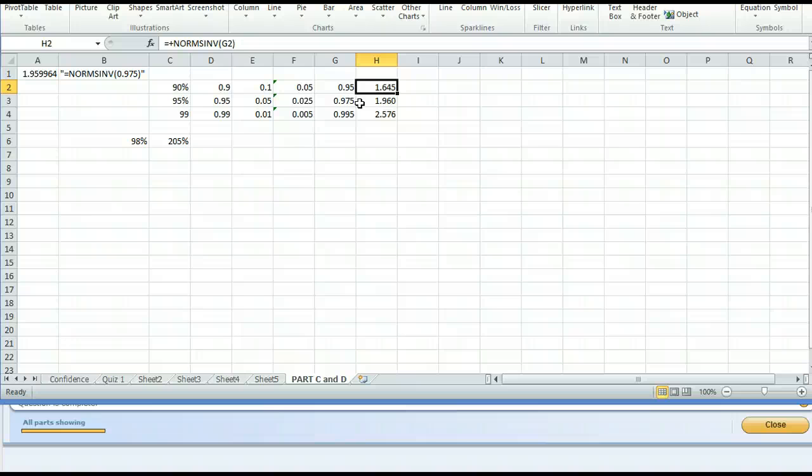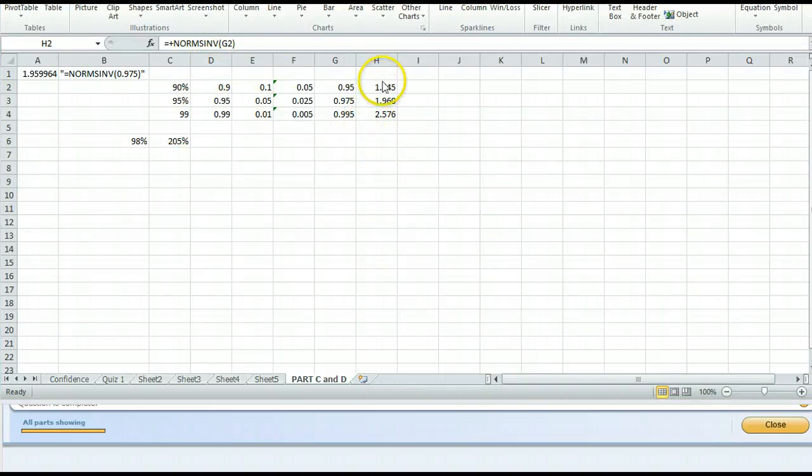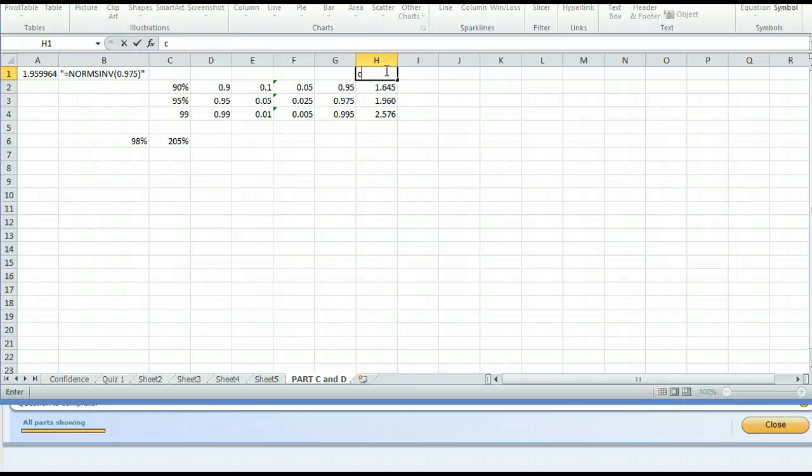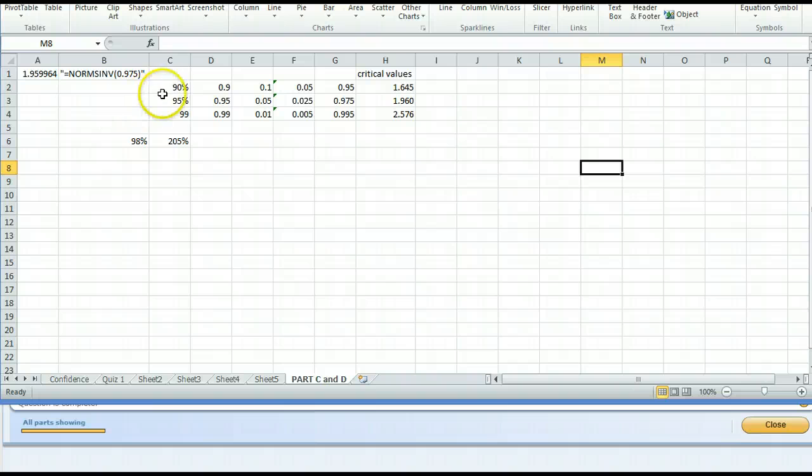You can find it from a table, but you can also find it from the Excel function NORM.S.INV. So these are the critical values for various different confidence intervals. Alright, so that's going to be important.